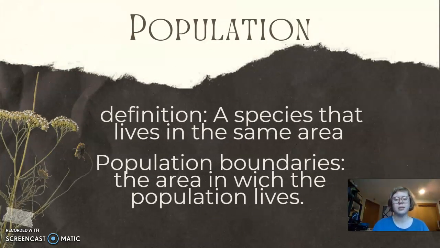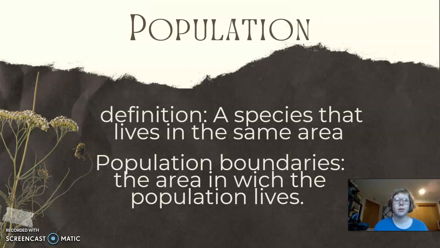And with all of that, this all happens in a population. And a population is all the species that live in the same area. And now populations have boundaries. And it's the area in which the population lives. So for instance, I could say the population is my front yard that's right in front of me, and all of the trees and the grass and the shrubs that live there, that's one population.